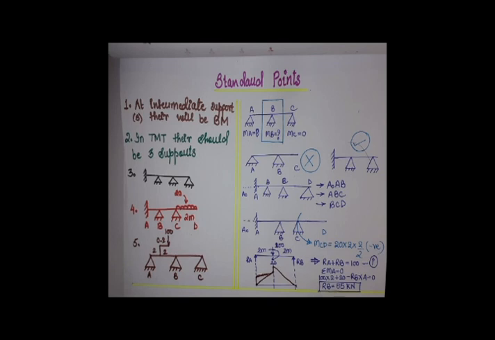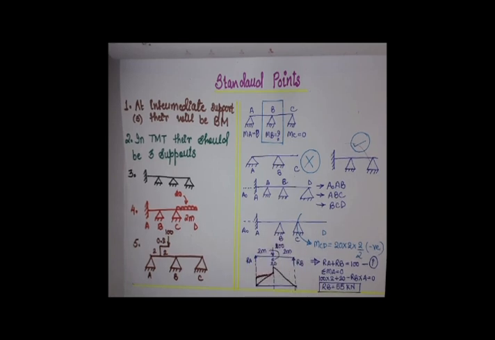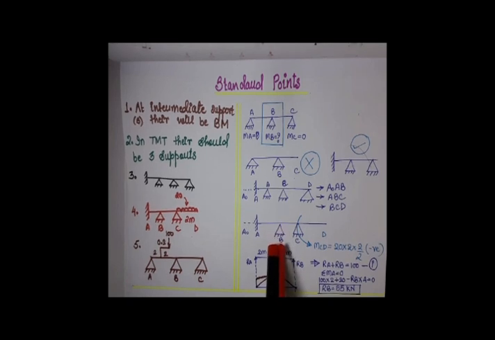Now drawing the reaction diagram for the same, only for the part A and B. After simplifying it, the diagram would be a line, and here RA is 2 meter far from the point of loading, so it would be 45 into 2, and RB is 2 meter far from the point load, so it would be 55 into 2. So the resultant diagram would be this.